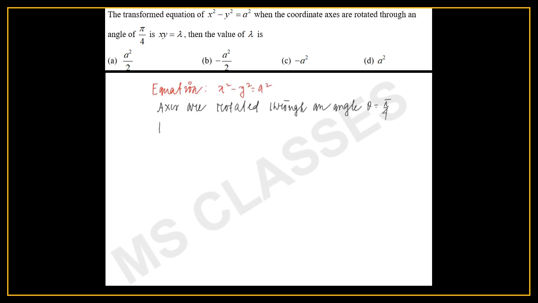So we consider that there is a point P which is x comma y, an arbitrary point of the curve, which will change to P prime, and we take this one as capital X, capital Y.